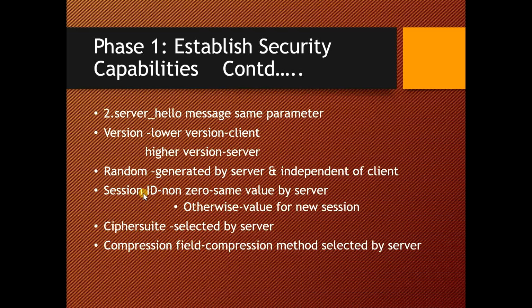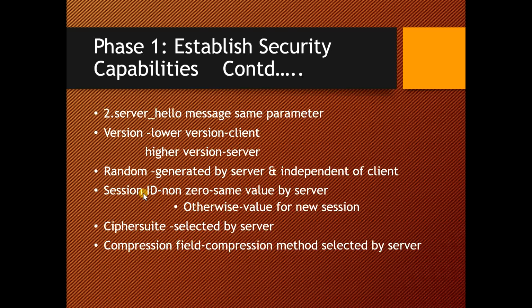The third one is the session ID. If the session ID field of the client was non-zero, the same value is used by the server. Otherwise, the server session ID field will contain the value for a new session. Next is the cipher suite. This field contains the single cipher suite selected by the server from those proposed by the client.